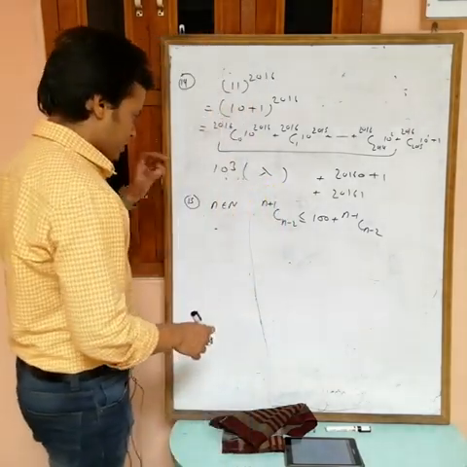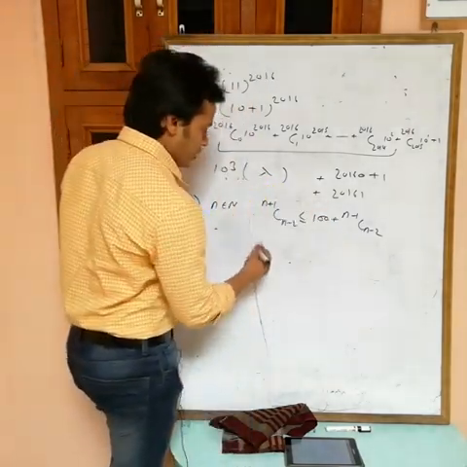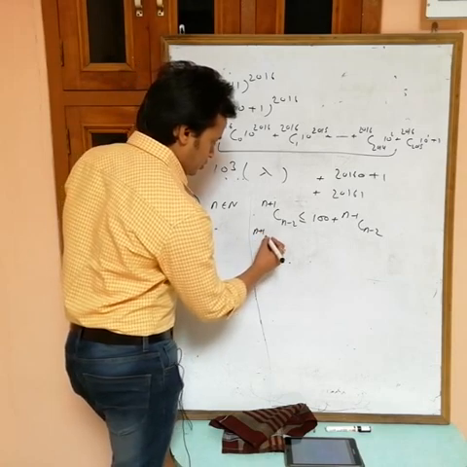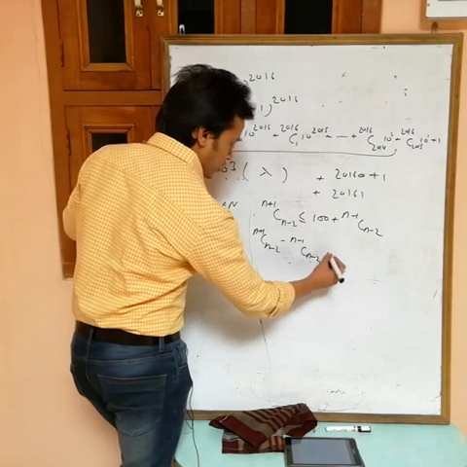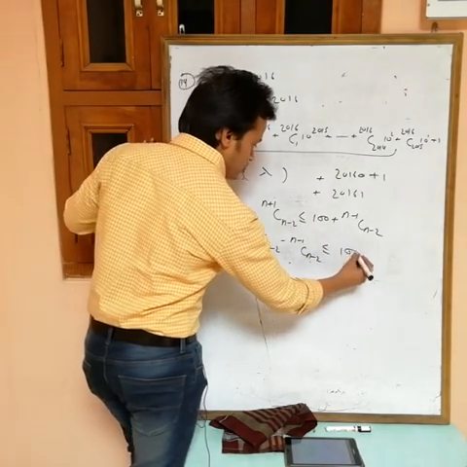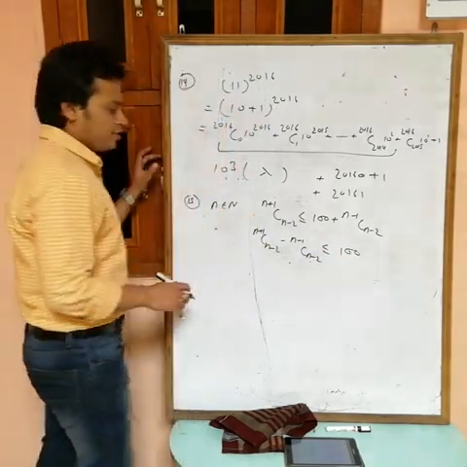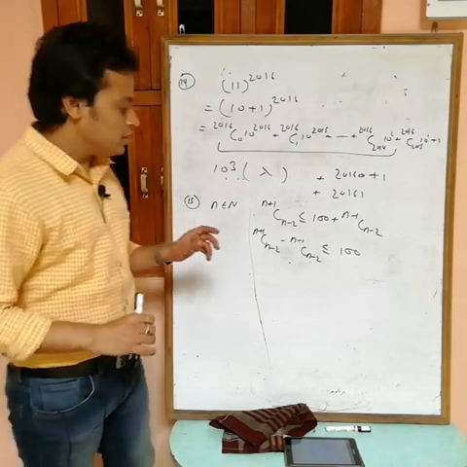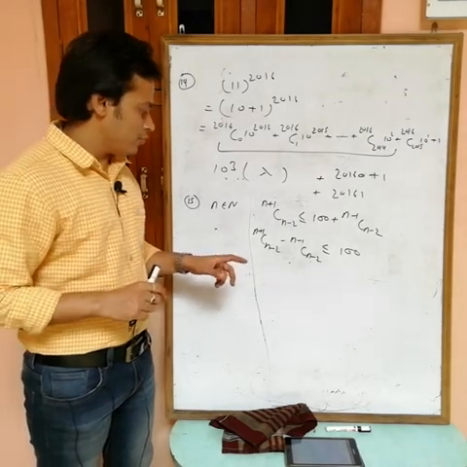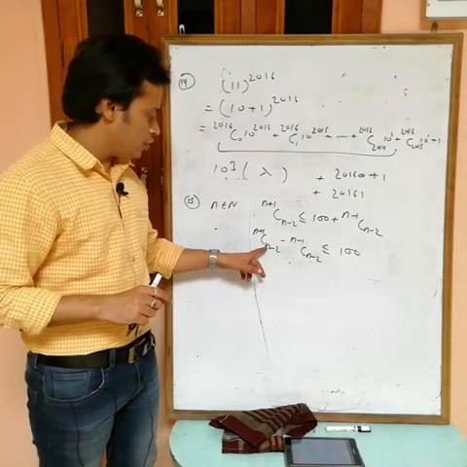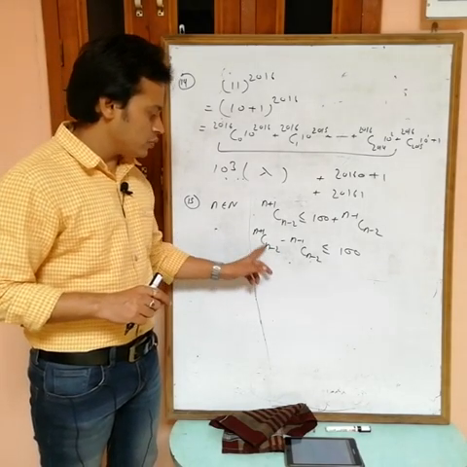Okay, now simple, just take all terms of n to one side, then n plus 1 C n minus 2 minus n minus 1 C n minus 2 is less than or equal to 100. Now one thing is clear, you can't put n less than 2. n belongs to natural numbers, but you can't put 1, because if you put 1 then this becomes minus 1, n plus 1 C minus 1.